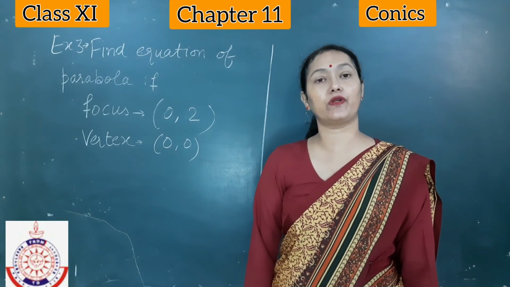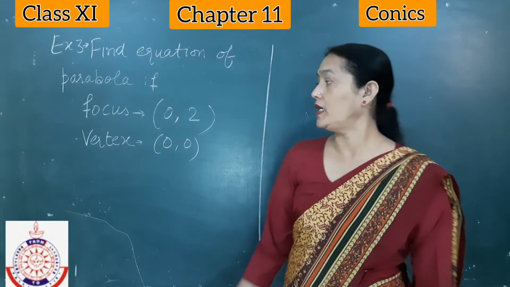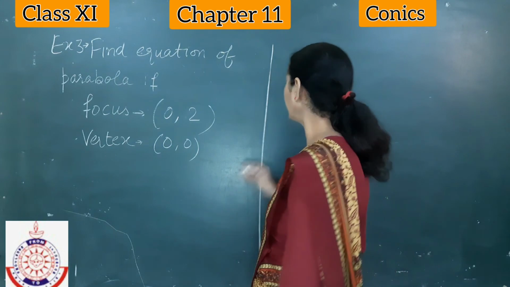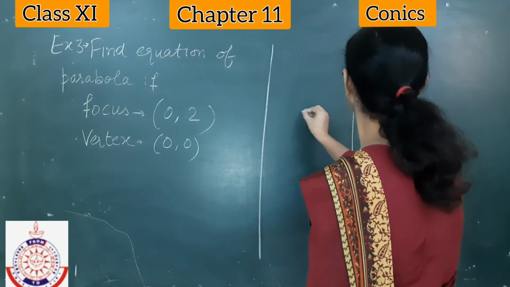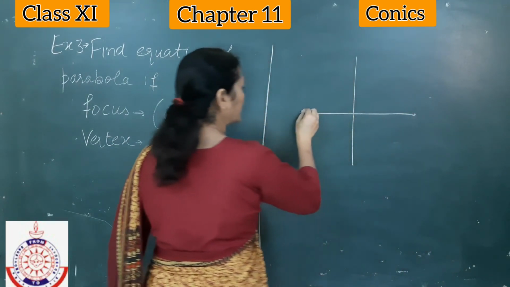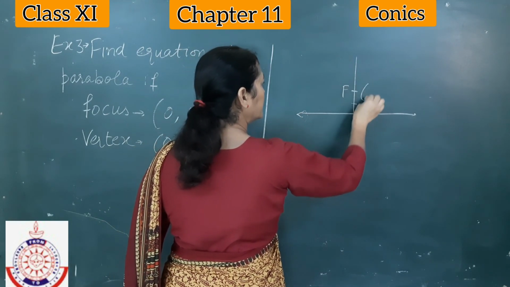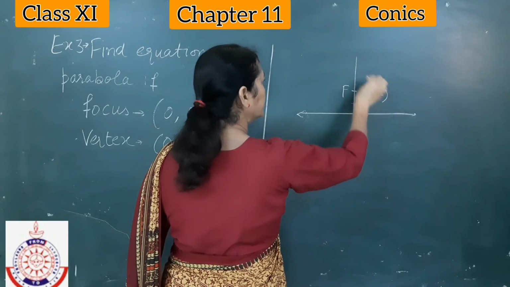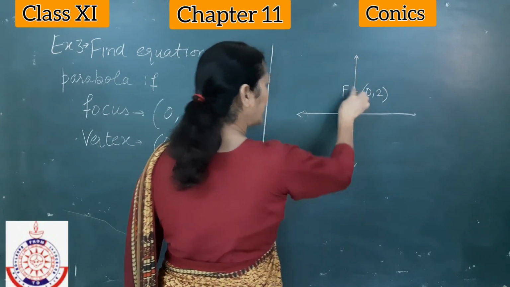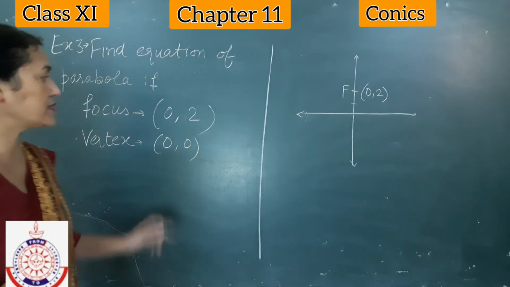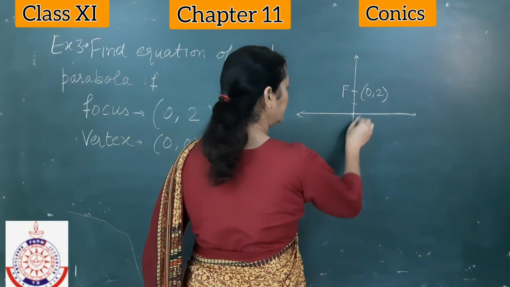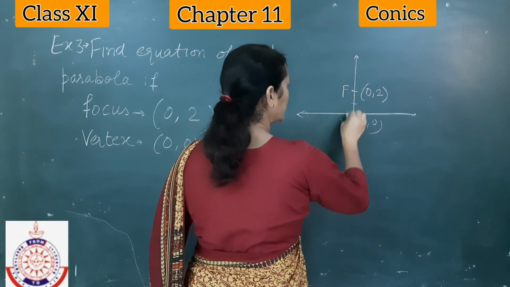In the third example, they have given us focus as (0, 2) and vertex as (0, 0). Again, they are asking about the equation of the parabola. Where is the focus? Focus is at (0, 2), so the point will lie here. Vertex is (0, 0), is here. So what kind of parabola is it?